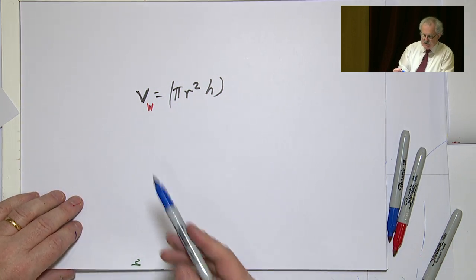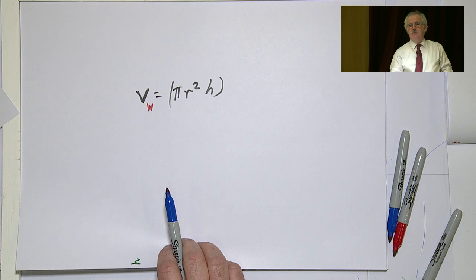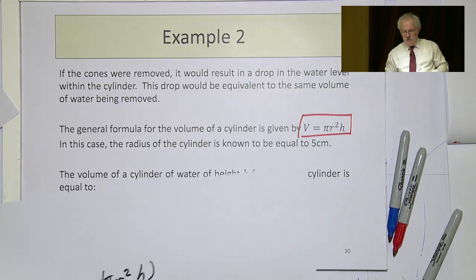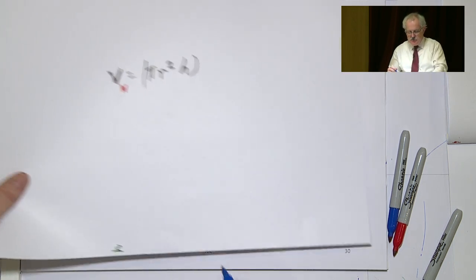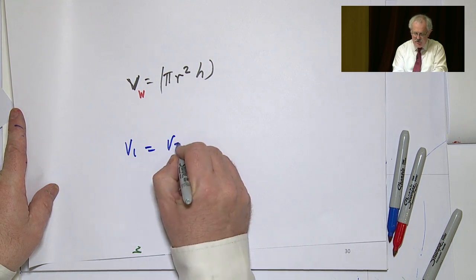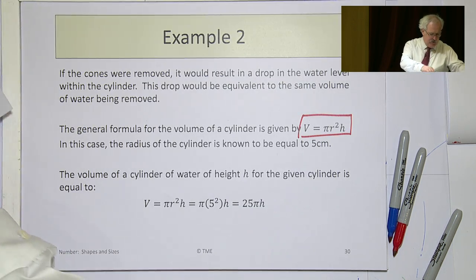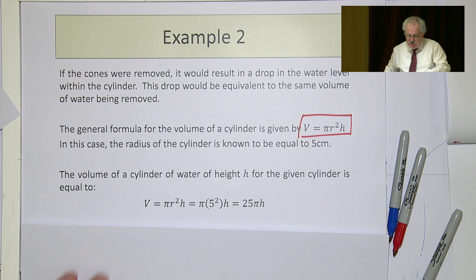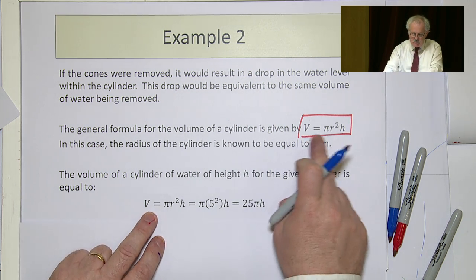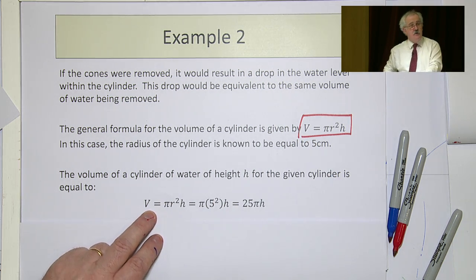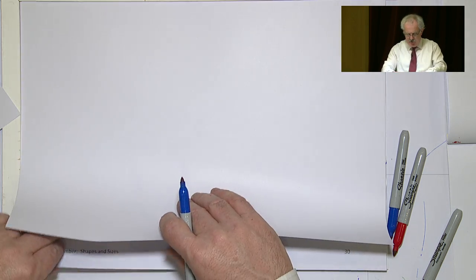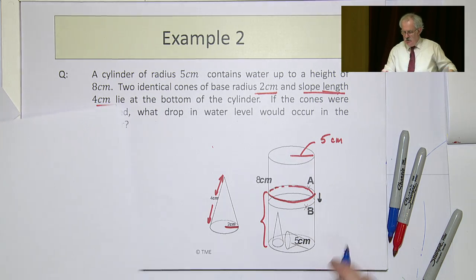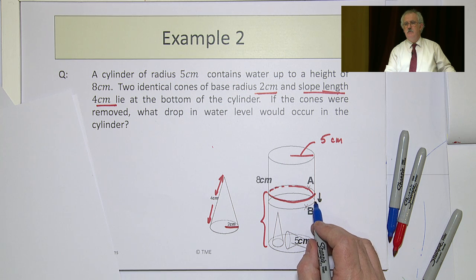So we have on one side, should those volumes be the same? Yeah. So what we're going to do in this question is make V1 equal V2. So I'll just get a nice sheet of paper. The first volume was the volume of the cylinder of water. Do we know how much it's going to fall?